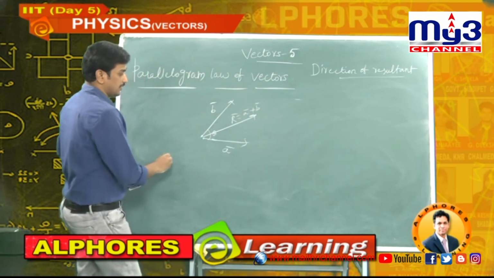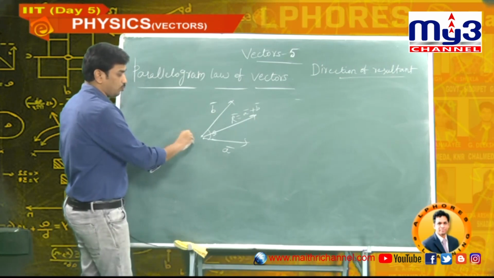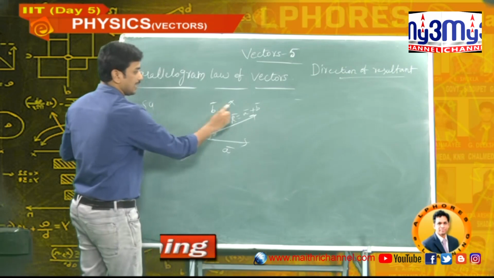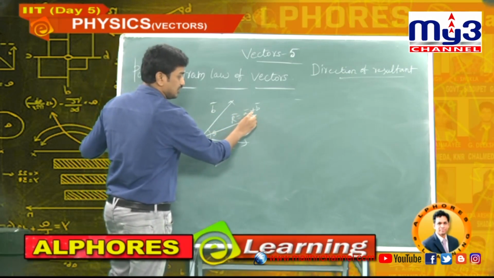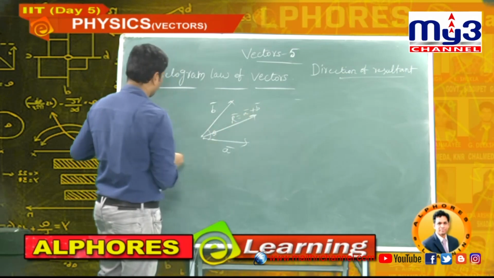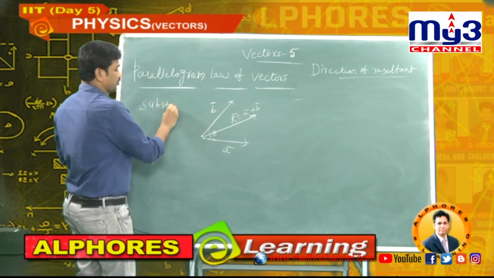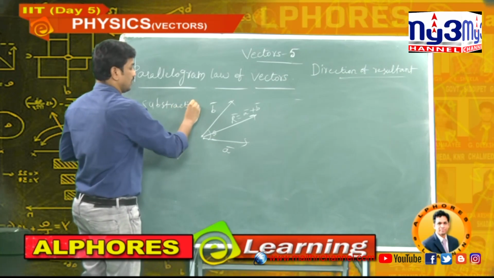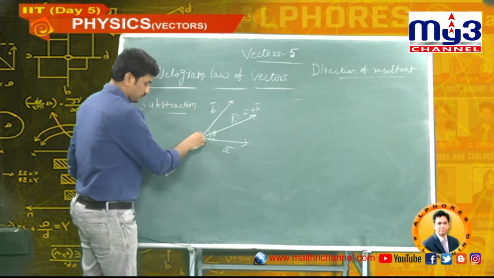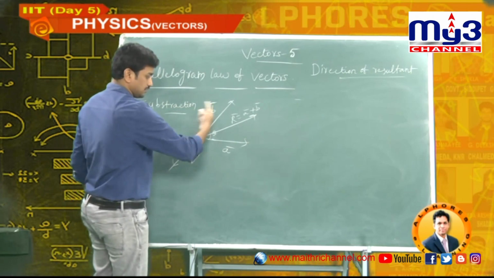Now here I want to do subtraction. Here I did addition: addition of A bar and B bar is A bar plus B bar. How to subtract the two vectors? Can I reverse it?